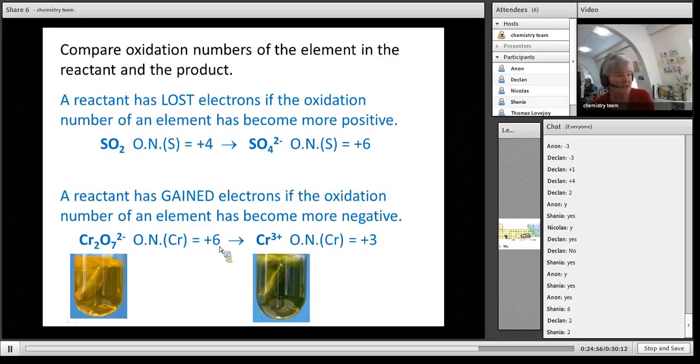So can you see each chromium in the dichromate has gained 3 electrons. Because remember, I've got 2 chromiums in dichromate, and each one has gained 3 electrons. So you either say dichromate has gained 6 electrons, or each chromium in dichromate has gained 3 electrons. Does that make sense? Yep.